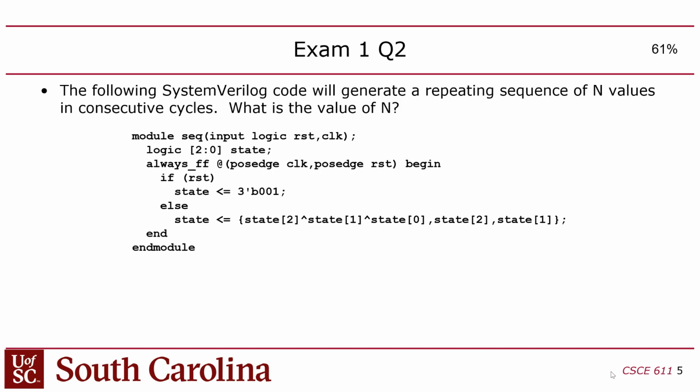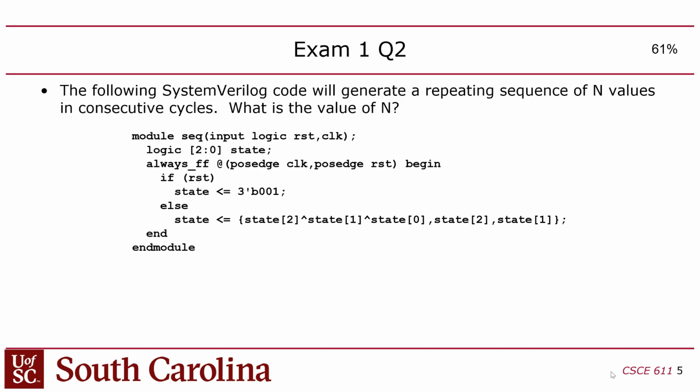Okay, so when we reset, we start out with state. State's a 3-bit signal, and it gets initialized as 0, 0, 1. And then on the next cycle, it's basically just going to shift 1 bit to the right.